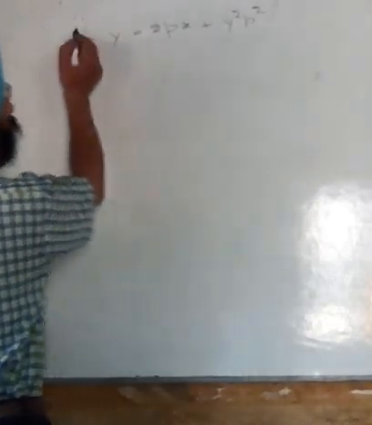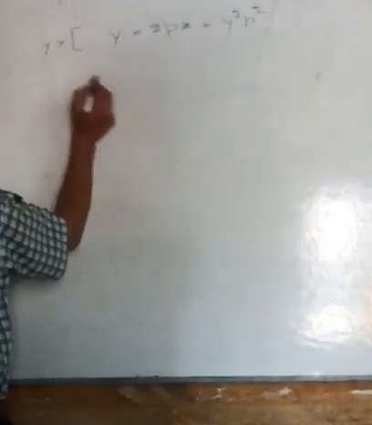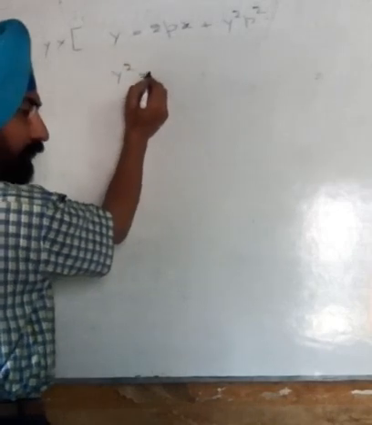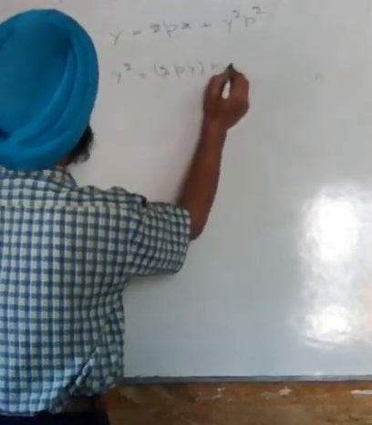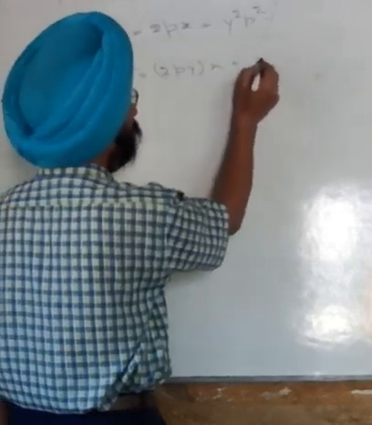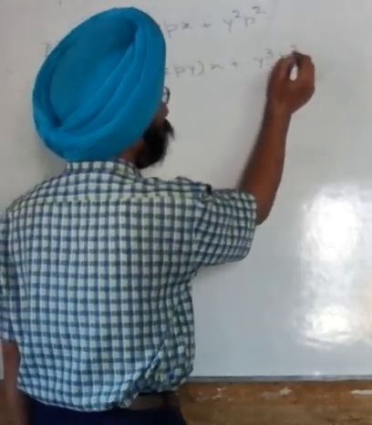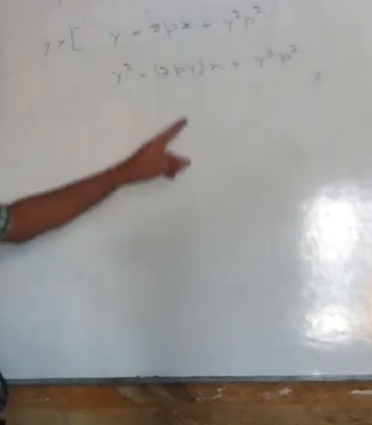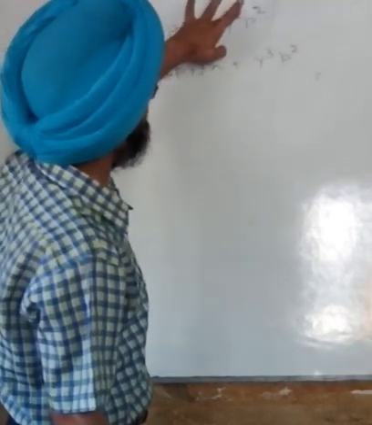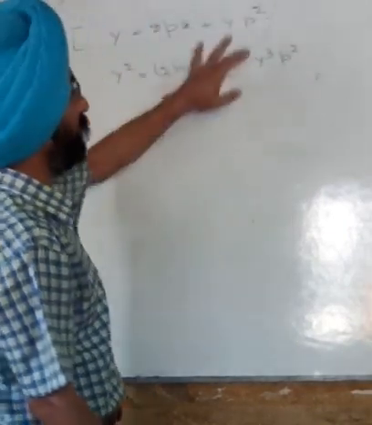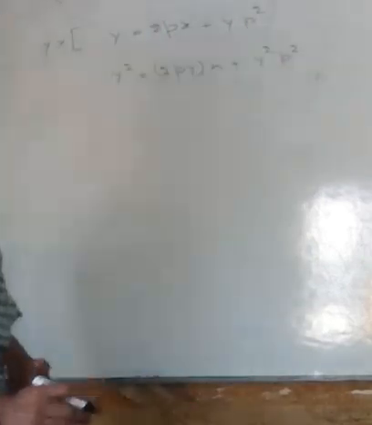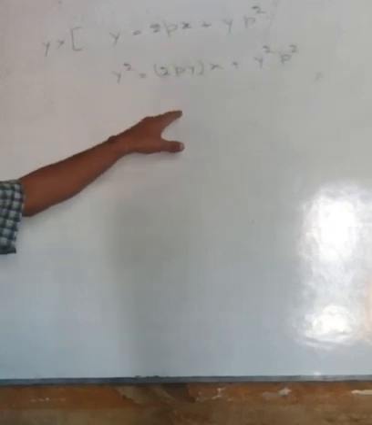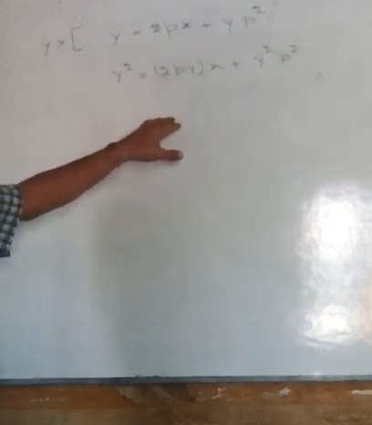Multiplying both sides by y, what you are going to get is y square is equal to 2py into x plus y cube p square. Here I think I am getting some problem. So take here y, not y square. So what we will get here is y square, because otherwise this equation will not be reducible to Clairaut's form.